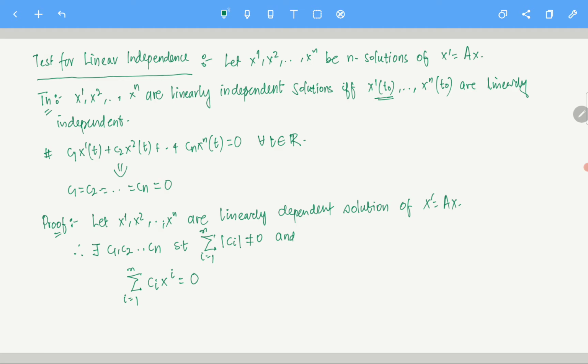Okay, now this should hold for all t in R. Okay, now at t equals t naught, then what happens?